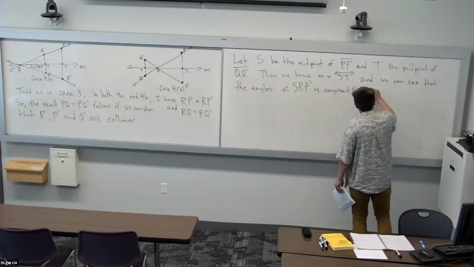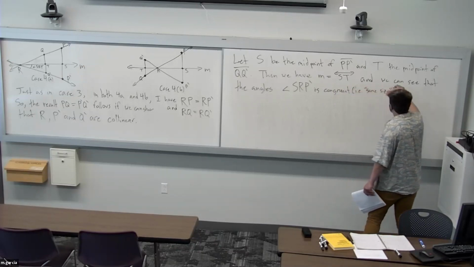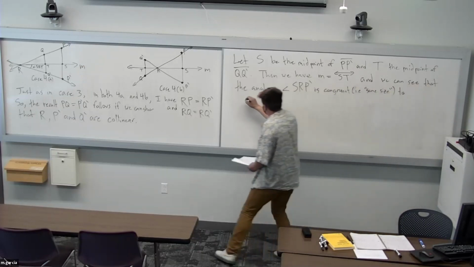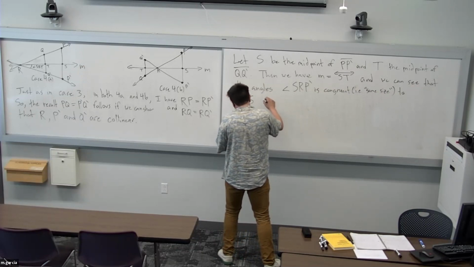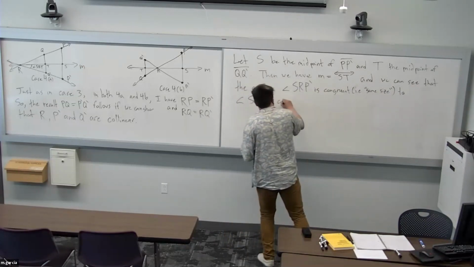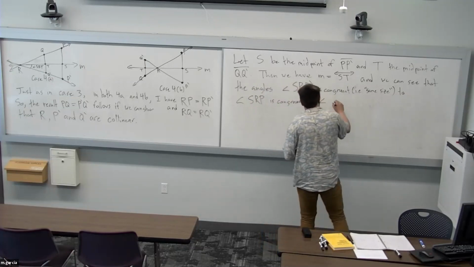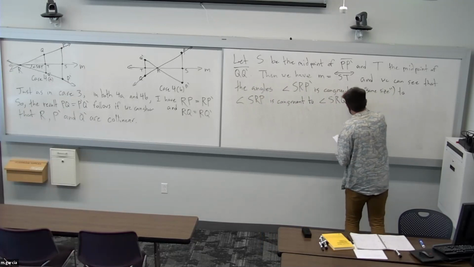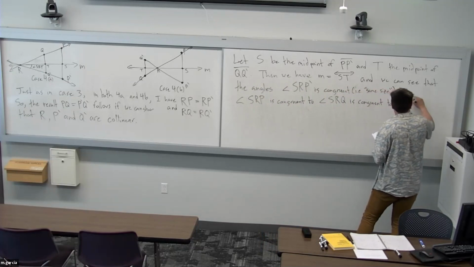Is congruent, i.e. same size, geometrically equivalent, to the angle SRP, is congruent to angle SRQ, is congruent to angle SR. Do we mean TRQ?